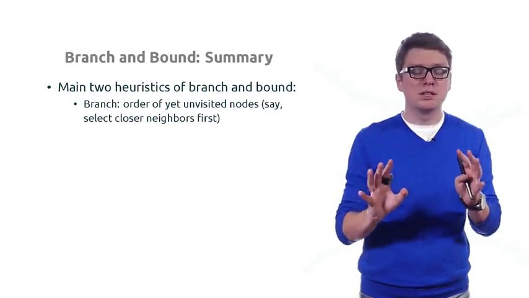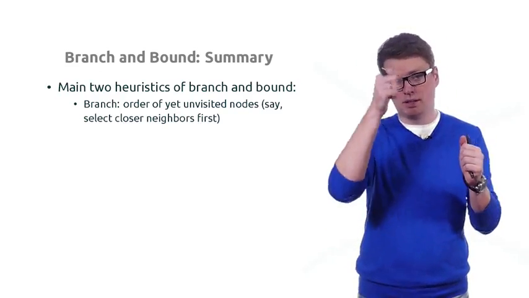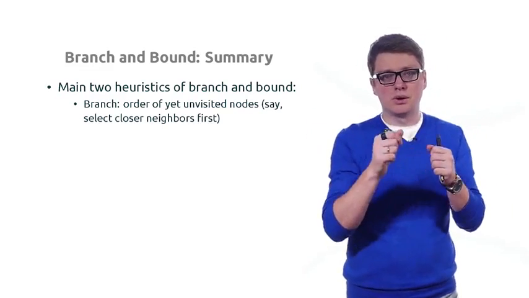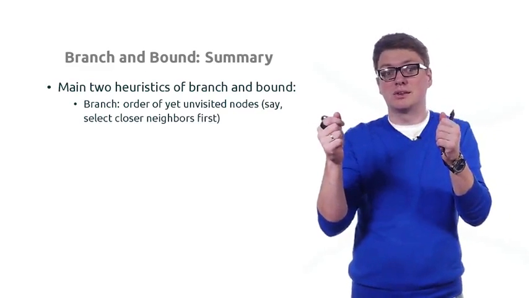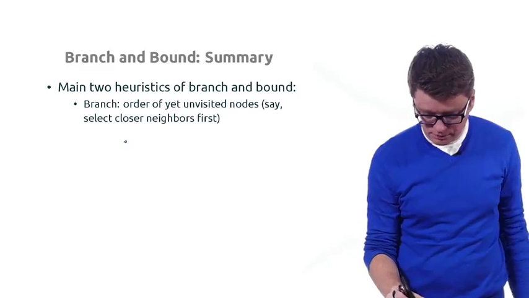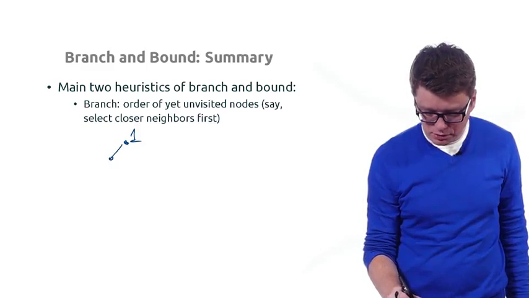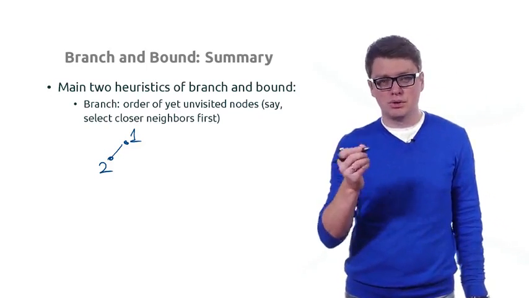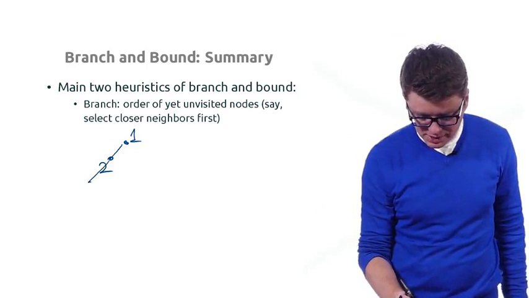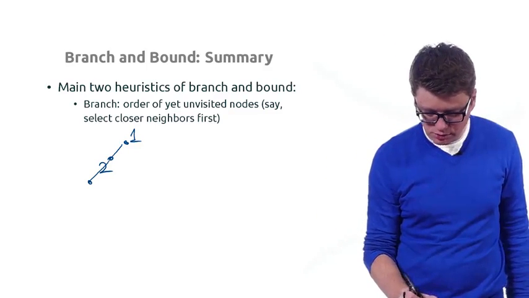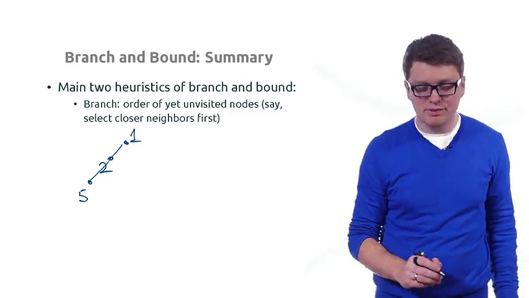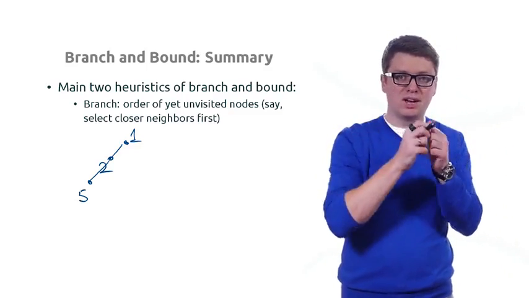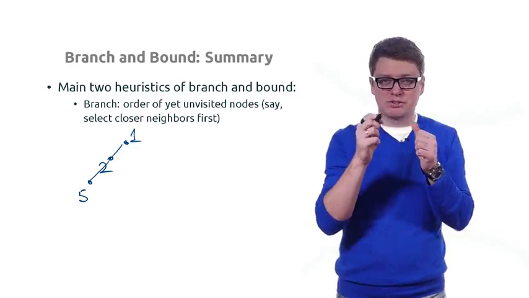For example, a reasonable choice for going to the next node is to go to the nearest node. So if we went from 1 to 2 and then we are choosing the next node to go to, then it makes sense to start probably not with node number 3 but with node number 5, if the edge from 2 to 5 is shorter than the edge from 2 to 3.